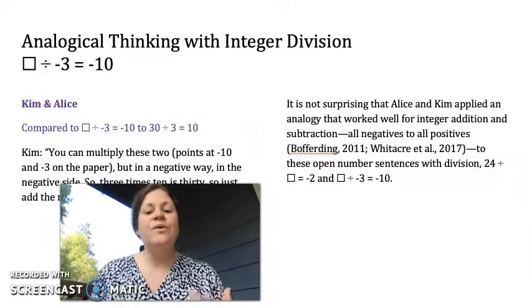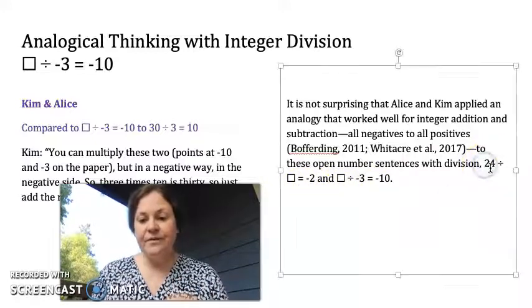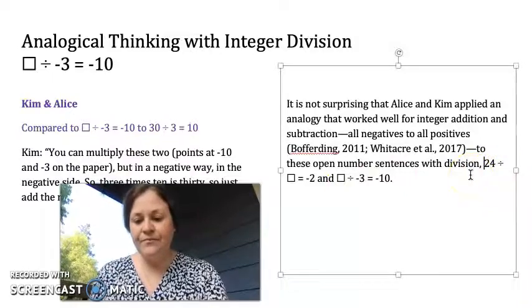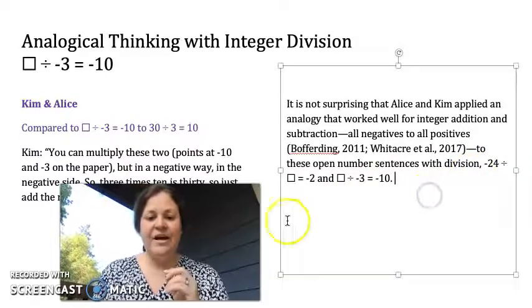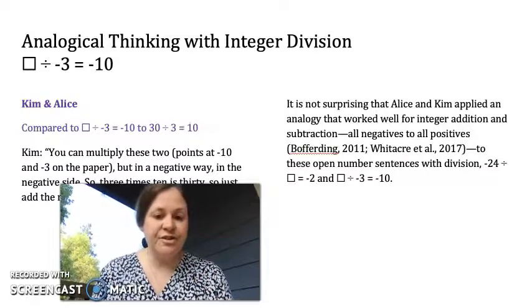So the nuances of the number type matter. These particular number sentences compare well to whole number analogies.